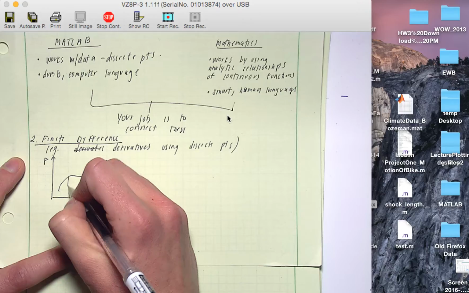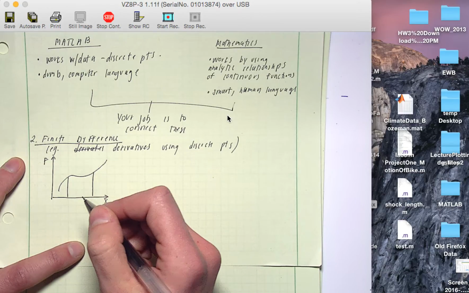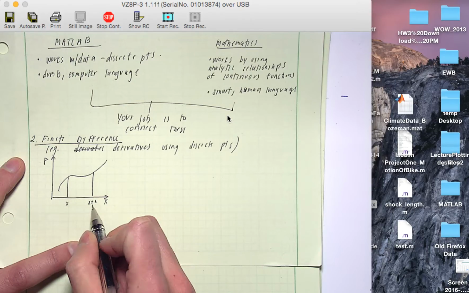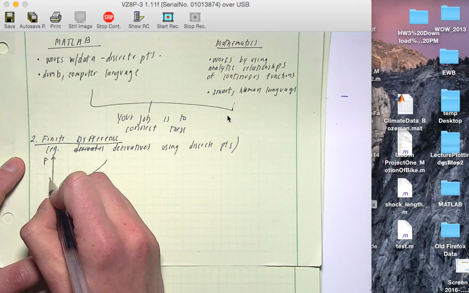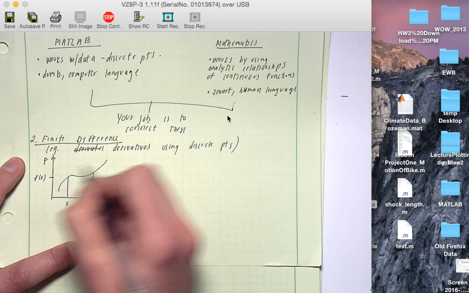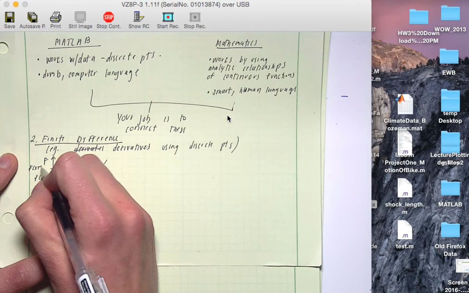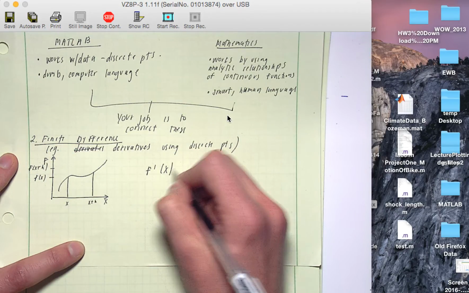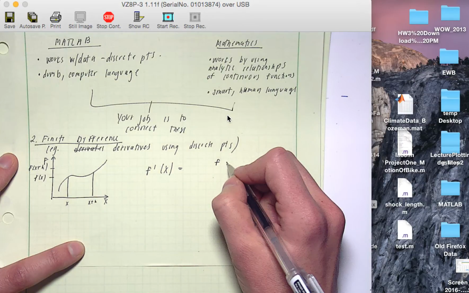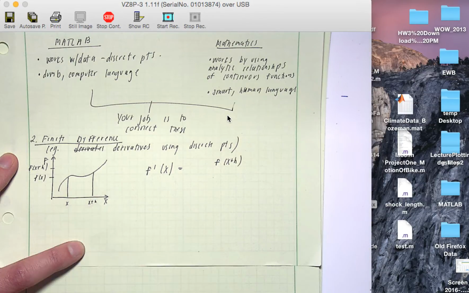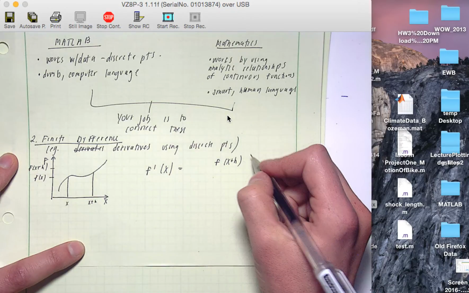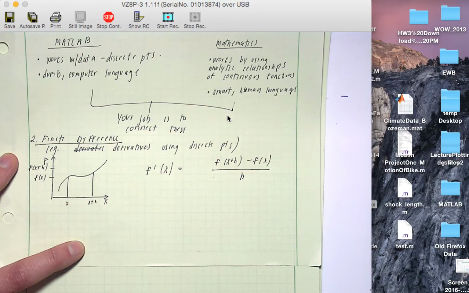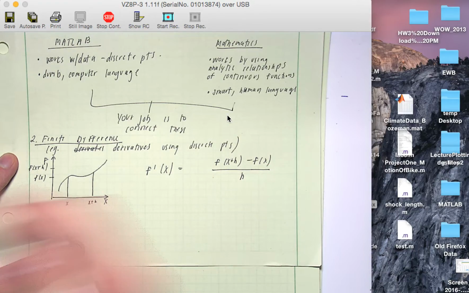And if you remember back to the fundamental theorem of calculus, if you take any x location and then go h distance away from that x location, you can define the derivative as the difference in y, the slope, rise over run, over the difference in x, which would be h.